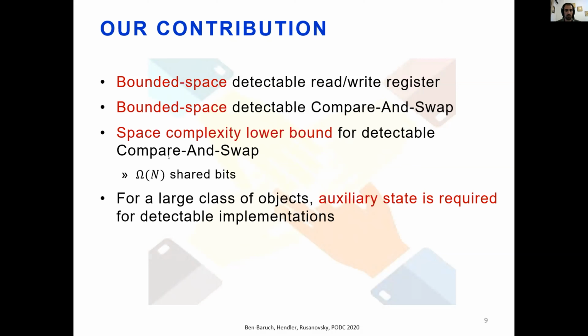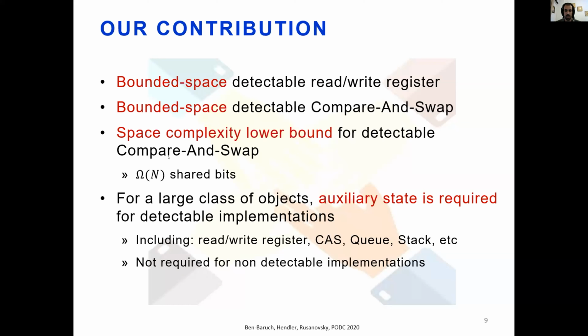Finally, we prove that for a large class of objects, auxiliary state is indeed required for detectable implementations. This class includes read-write register, compare-and-swap, queue, stack, and more. We emphasize that this requirement is in order to support detectability. Therefore, recoverability by itself does not require auxiliary state.